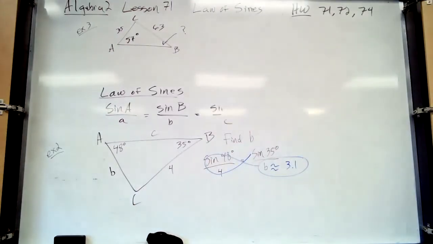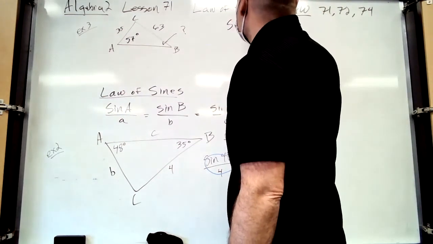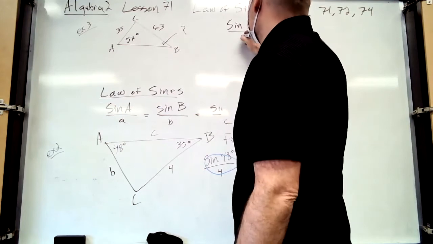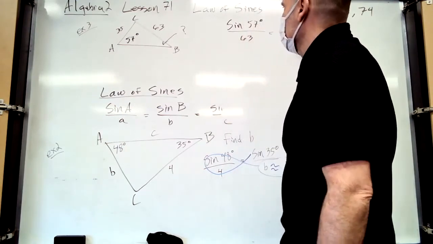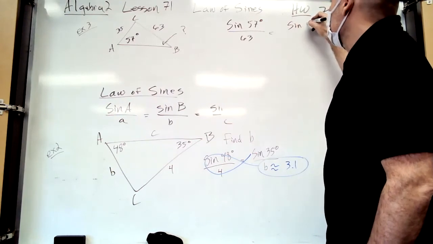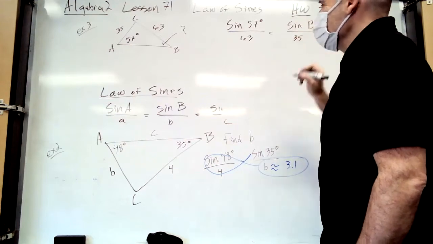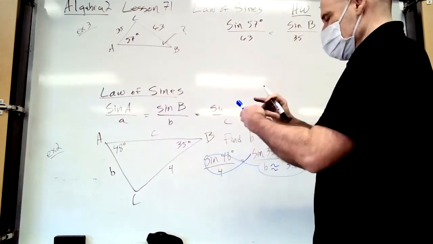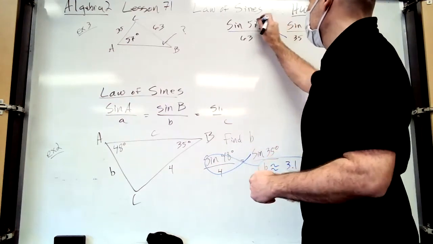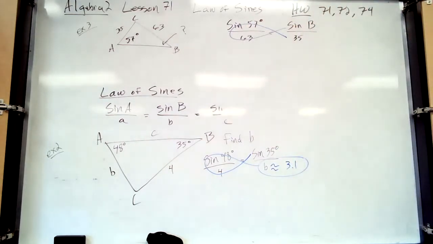So what's the law of sines? Sine of A over a equals sine of 57 over 63 equals sine of b over 35. All right, so guys, same thing, right? You're just going to fish method this, and then instead of giving you b, it's going to give you the sine of b.